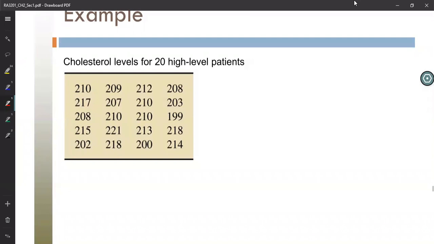Yes, the minimum is? Minimum is 199. 199 is the minimum. Yes, thank you. And the maximum?